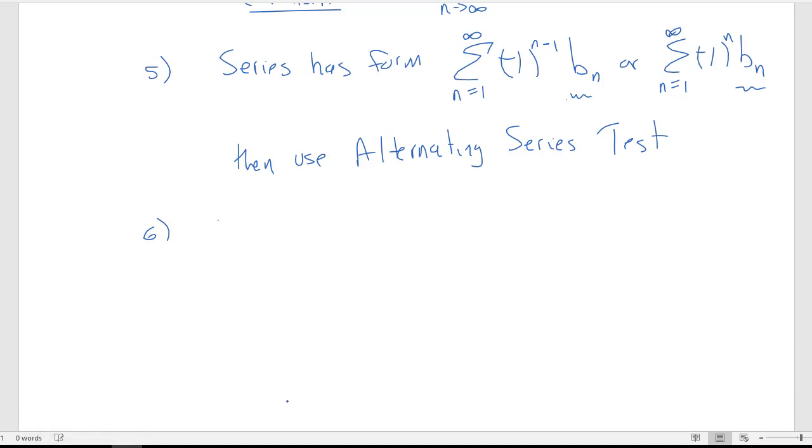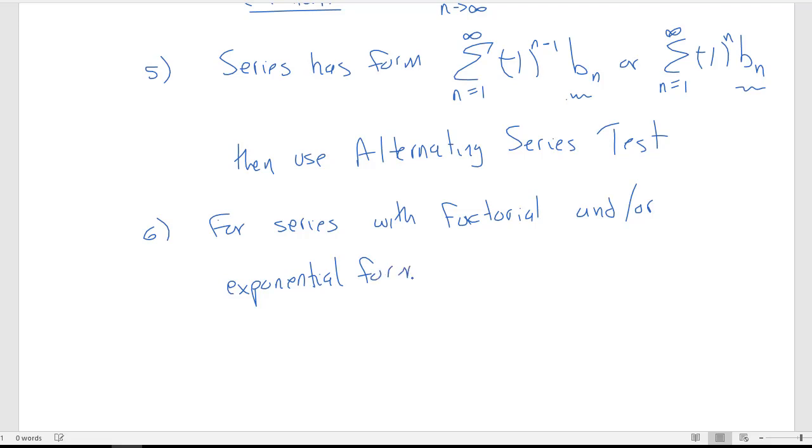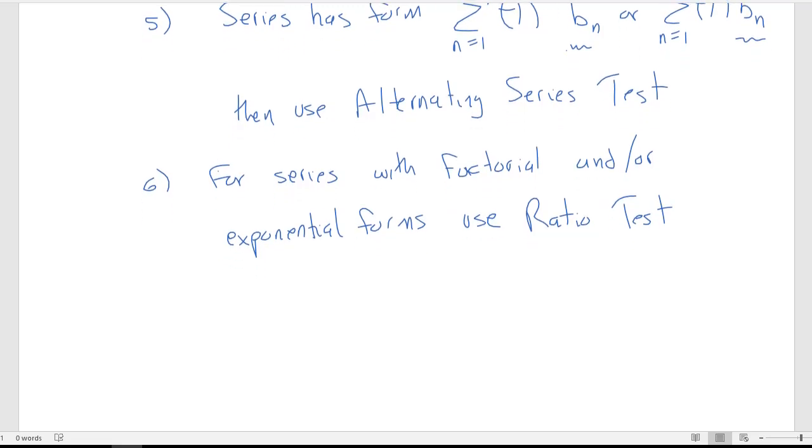So I'll just say something like, for a series with factorial and/or exponential forms, then we're going to use the ratio test. Now, just as a reminder, if we have factorials, we're going to solely use the ratio test. Any series that has a factorial form in it, this is the default for the most part. We're going to typically jump to the ratio test.